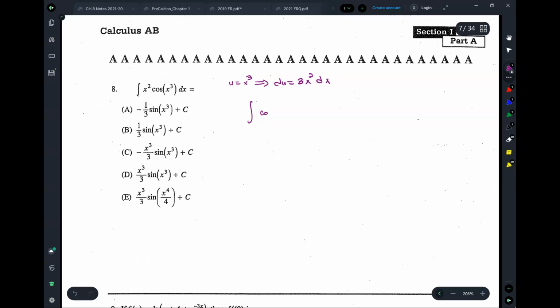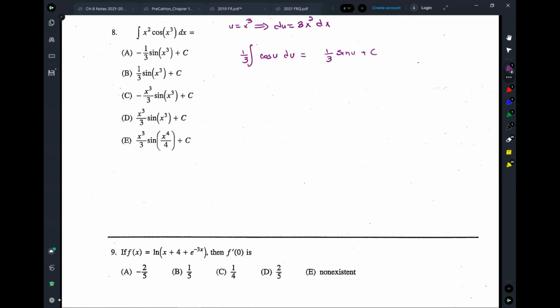So this is cosine of u, and then times 1/3 du. So -1/3 sine of u plus c. No, positive. Oh my God, look, I fell into it. Okay, so this is B.